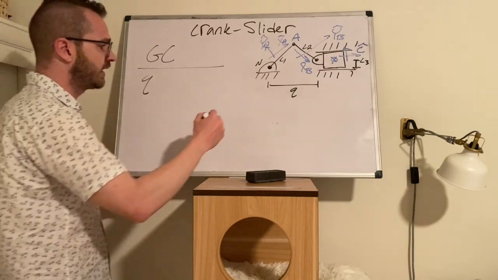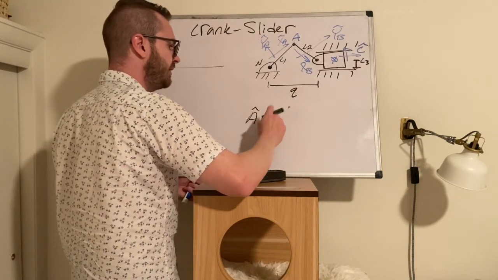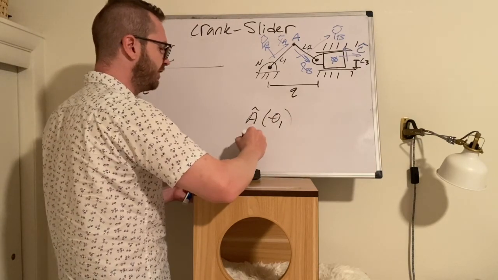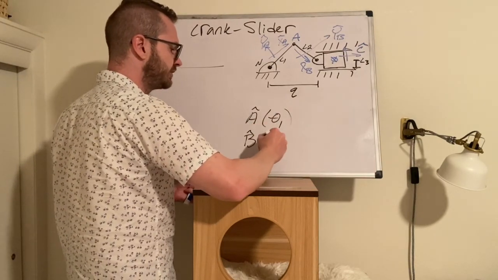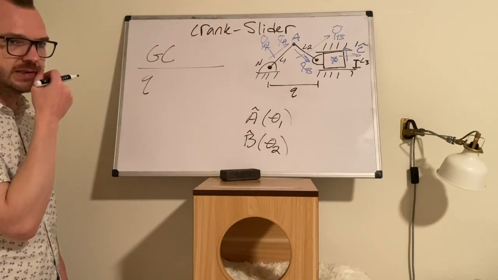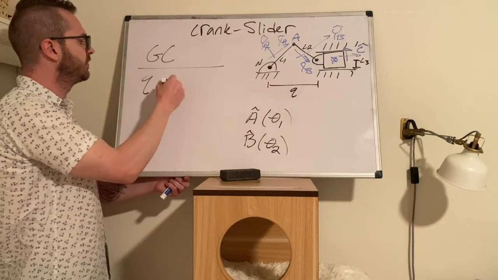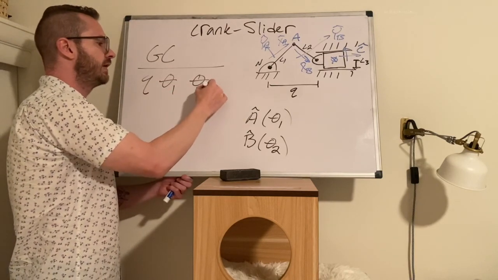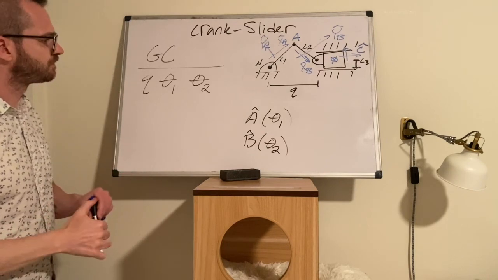So recognize that the A frame is a function of theta 1, and the B frame is a function of theta 2. So there are two more generalized coordinates. When you go to make this list, we would list Q, theta 1, and theta 2.